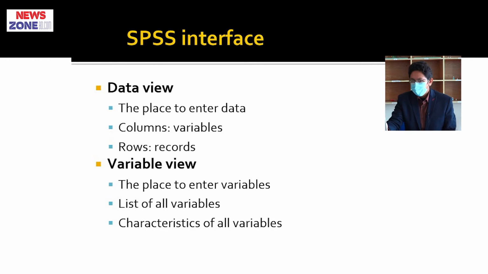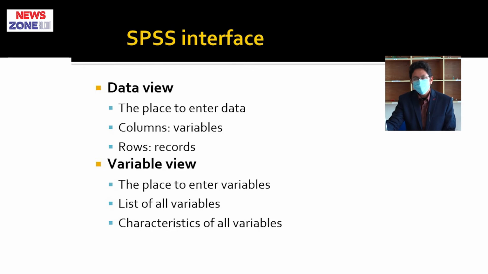Now, let us discuss about the SPSS interface. I have already told that there are two views, data view and variable view. In data view, it is the place to enter data. Columns indicates the variables. One column is for one variable.